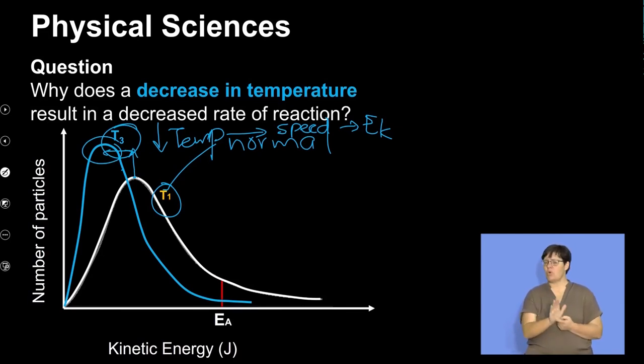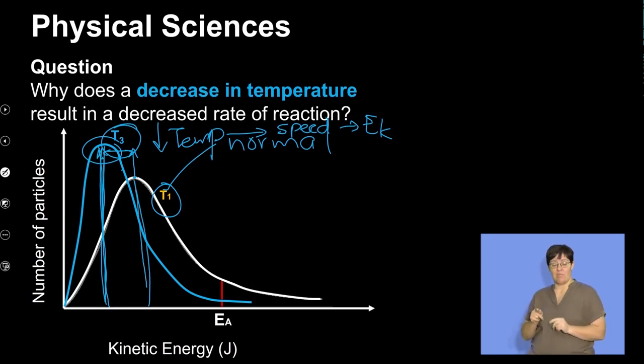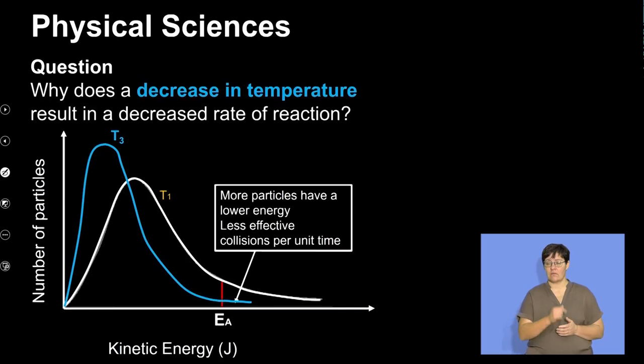So it shows you now, on average, I have a lot of particles that have a smaller kinetic energy than the particles in the original curve that we have. So when we look at the particles, we will see there are now more particles that will have effective collisions.